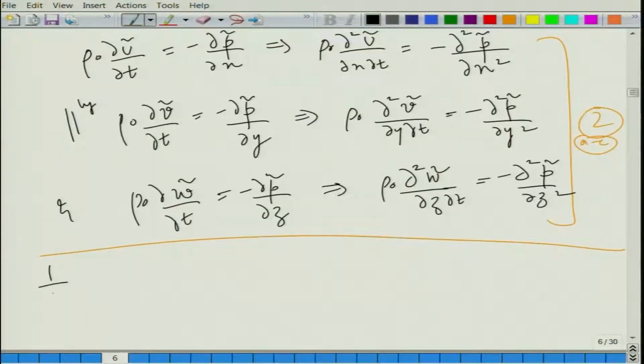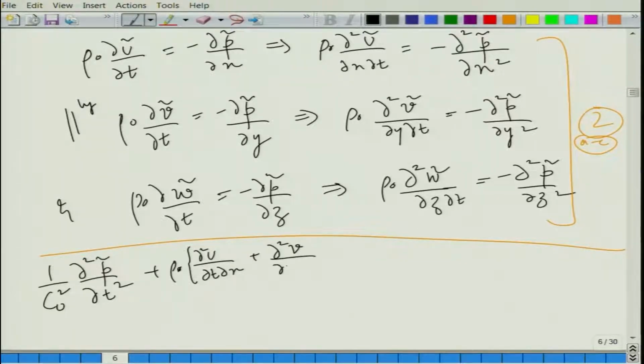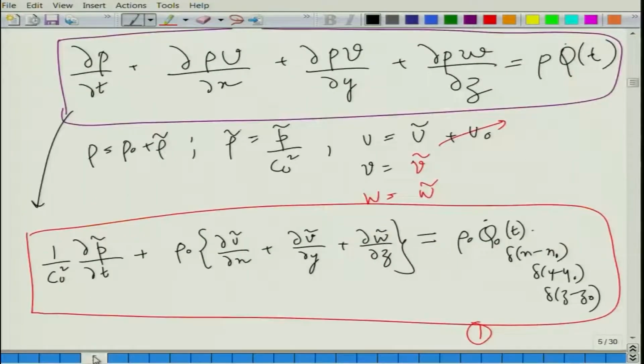So, once you do that, you will get, so this term will become rho naught into del t del x, and here we have been insisting on time harmonicity.